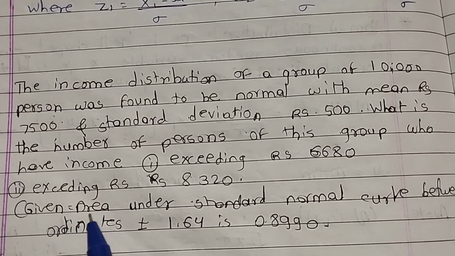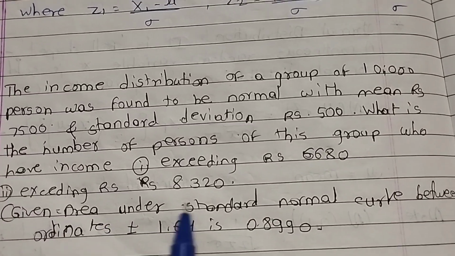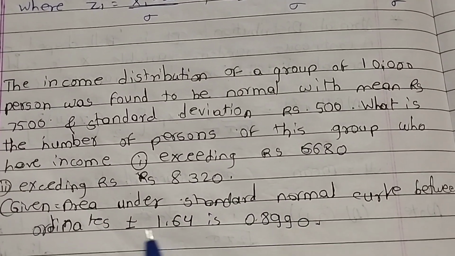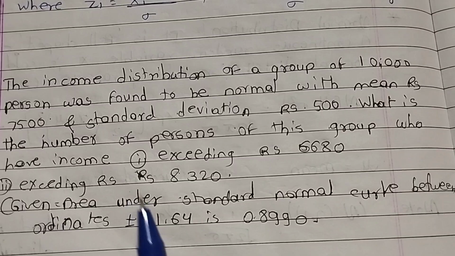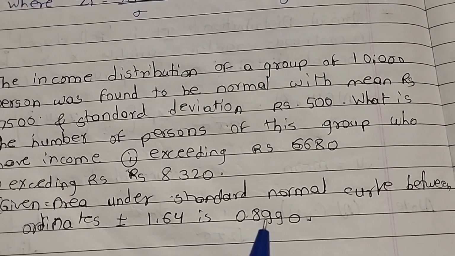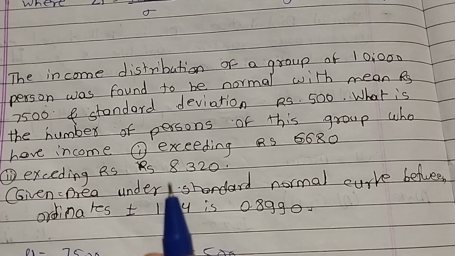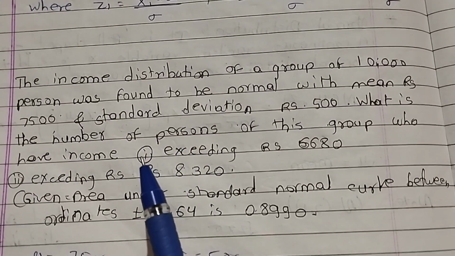The area under the standard normal curve between the coordinates plus and minus 1.64 is 0.8990. Now let's see the meaning of the question.